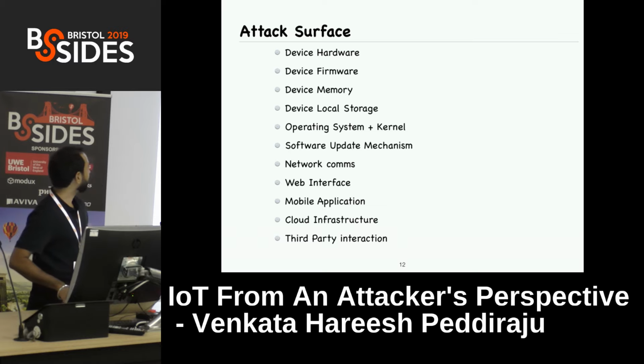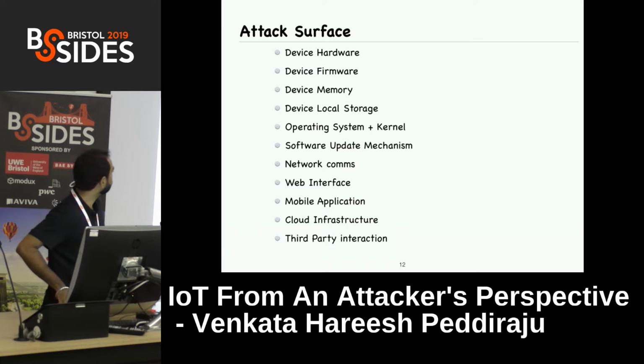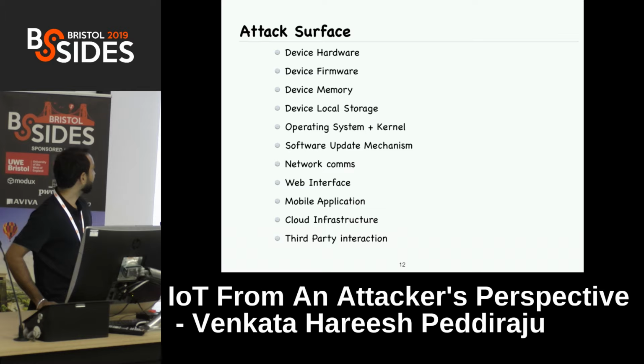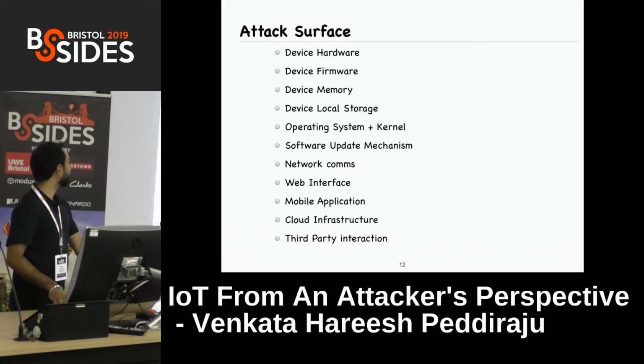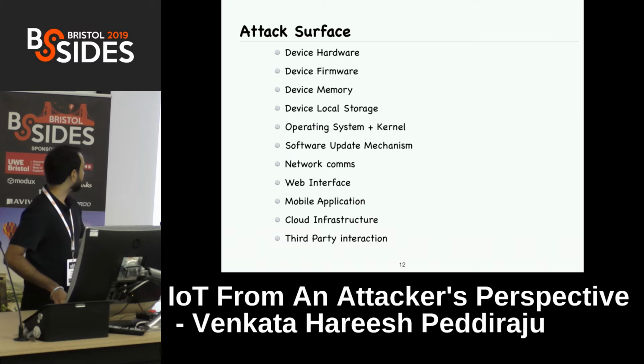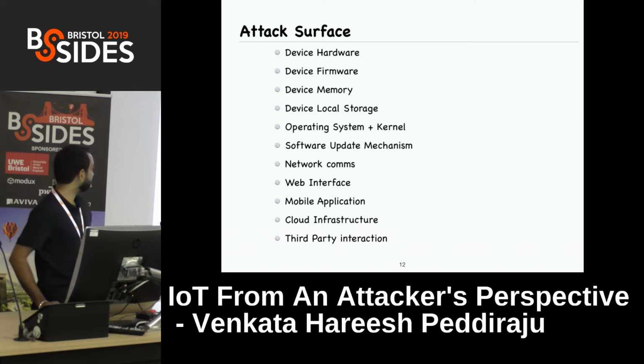Device memory, local storage, and operating system remain the same, right? We find this even when it comes to our mobile applications. The software update mechanism is also a new attack surface that IoT opens up. Network communications, web interface, mobile application, cloud infra, and third-party integration are basically similar to what we do in our regular day-to-day pen tests.